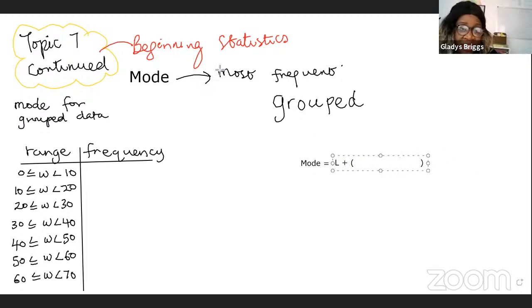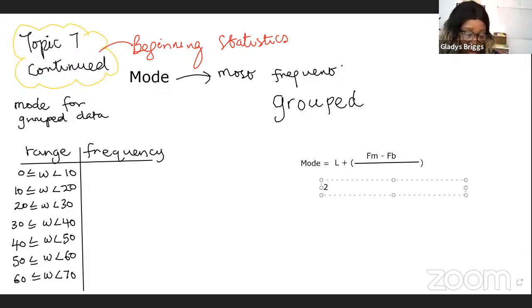I'm going to draw a straight line across because it's a fraction. I'm going to put the top one, which is FM minus FB, over 2 FM minus FB minus FN.